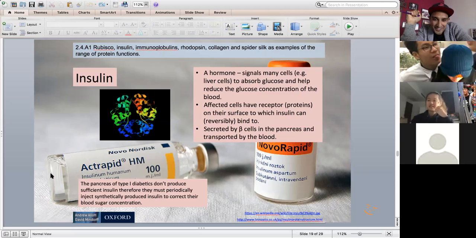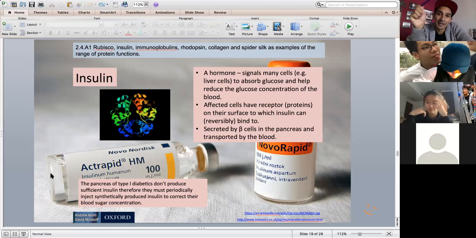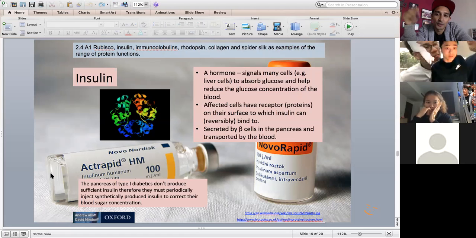Blood sugar levels is correct. When does your body produce more insulin? When the glucose is too high. Correct. So when you have high blood glucose, your body will produce more insulin because insulin helps you to metabolize sugar.